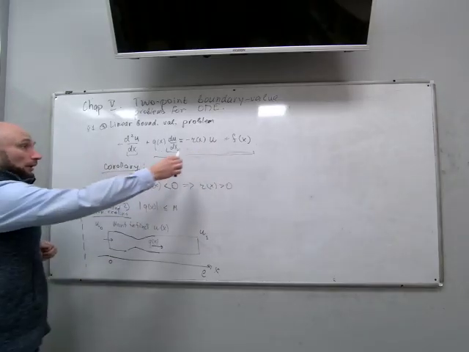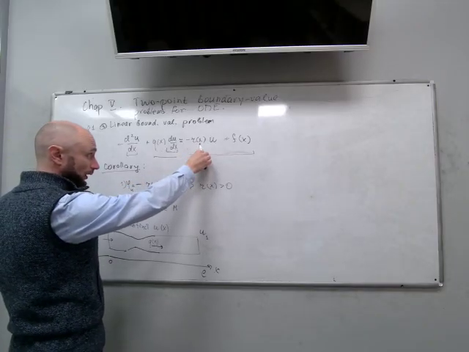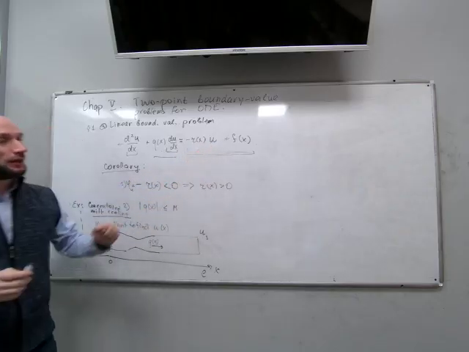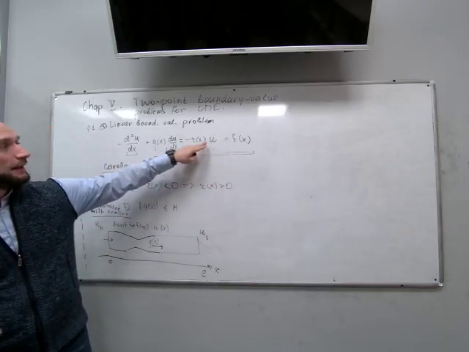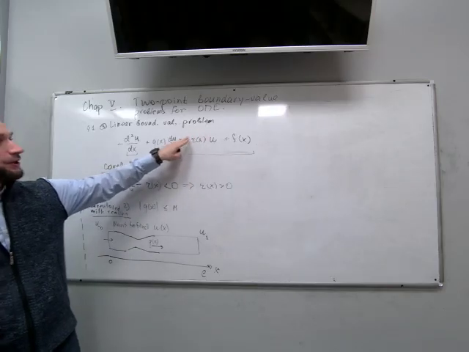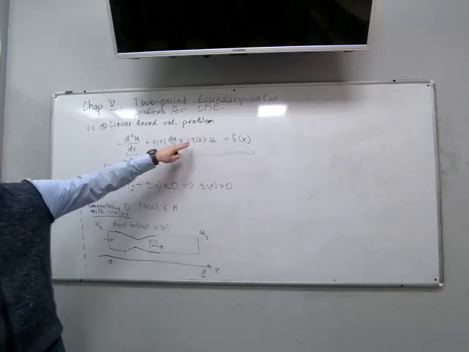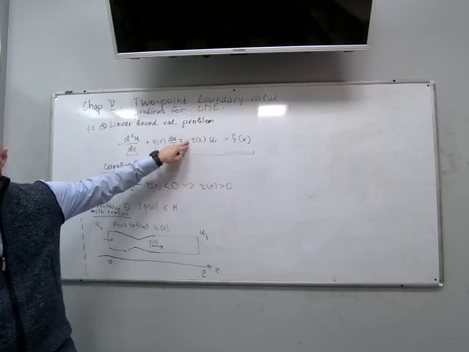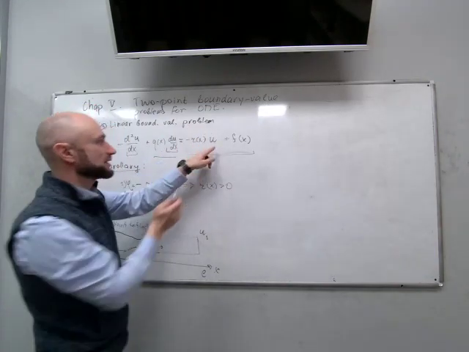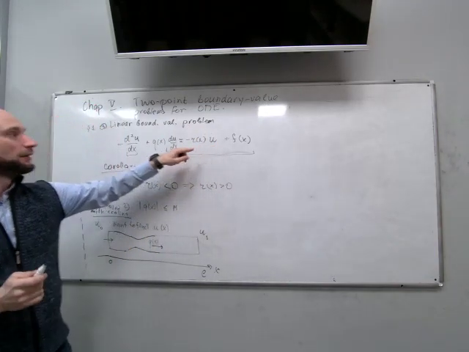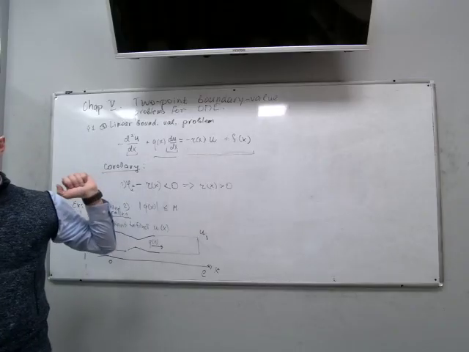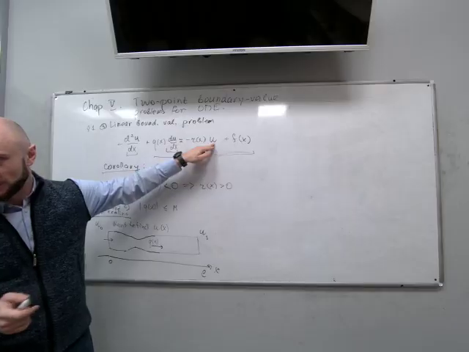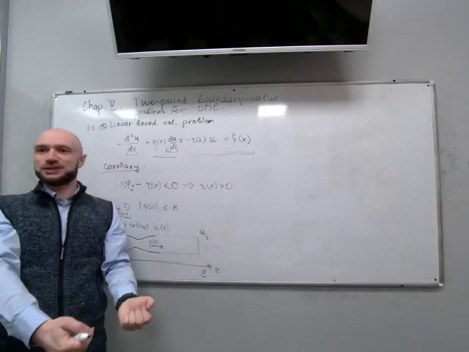So if you have a situation when your temperature grows, and this coefficient, if R was negative and the minus makes it positive, if this whole coefficient was positive, then it would lead to explosion of your system, infinite growth of temperature, because the higher the temperature, the more heat you are pumping into the system.